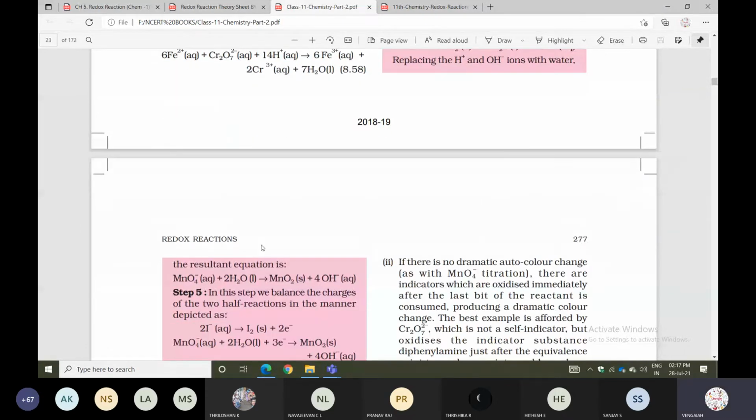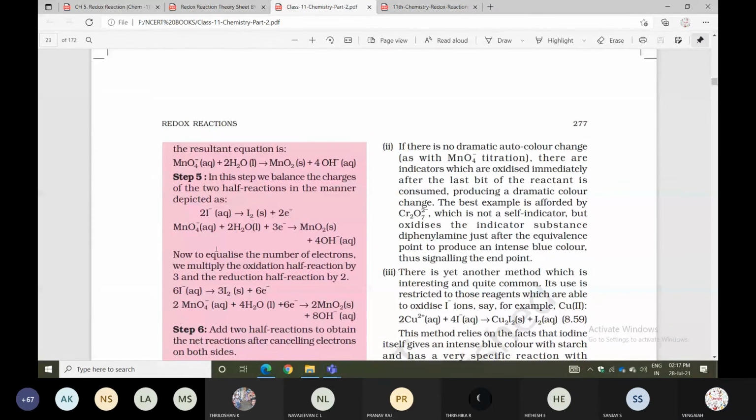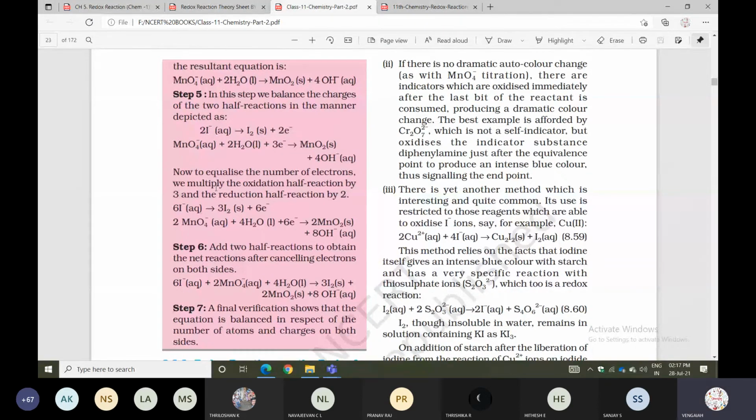In this step, we balance the charge of the half reactions in the manner displayed. Now, to equalize the number of electrons, we multiply the oxidation half reaction by 3 and the reduction half reaction by 2.